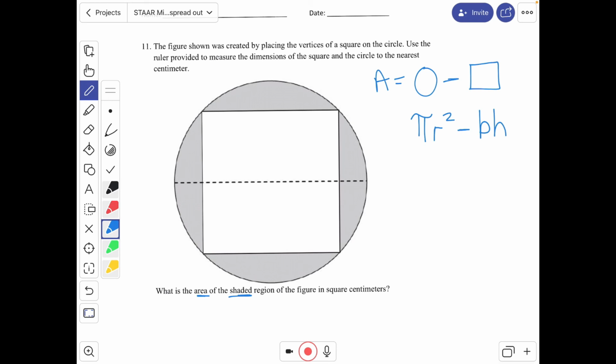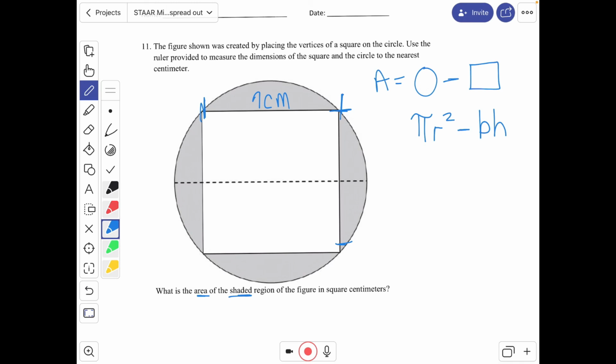You'll need to use the ruler that is on your mathematics chart in order to measure these. Since it is a square, this side to this side will be the same as this side to this side. So the base and the height are basically going to be the same. And if you measure, you'll find that both sides are 7 centimeters.